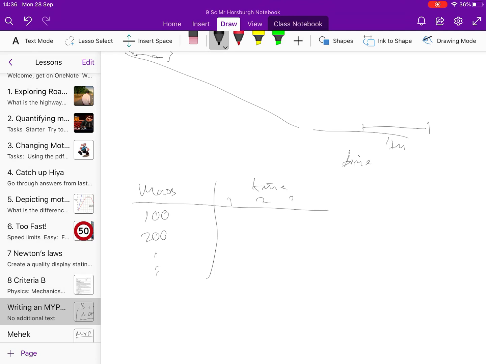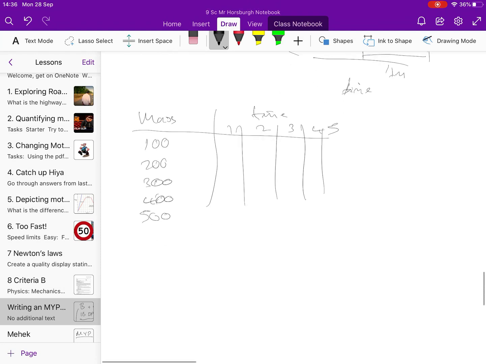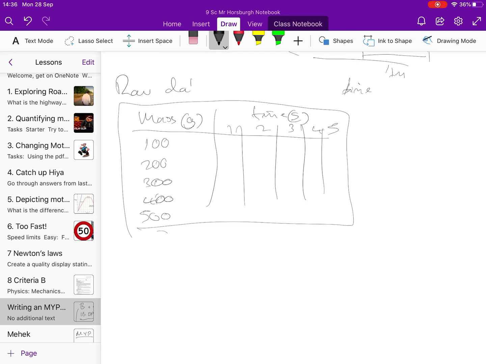Time, 1, 2, 3, 4, 5. 3 is the minimum number of repeats, 5 is better. Ideally, we want 5 different sets of values. Don't forget units. Then that's our raw data.